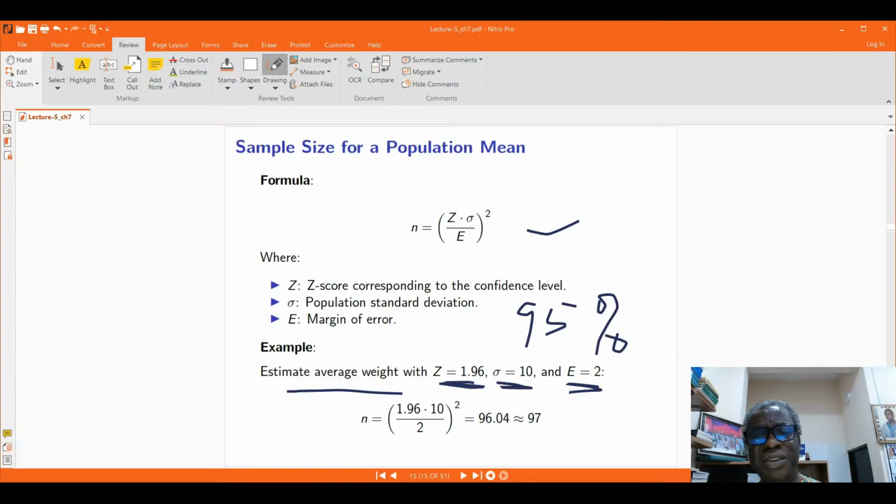The third one, margin of error. How do you determine that? Again, it is the researcher that will determine what level of error you can tolerate or you want to accept.